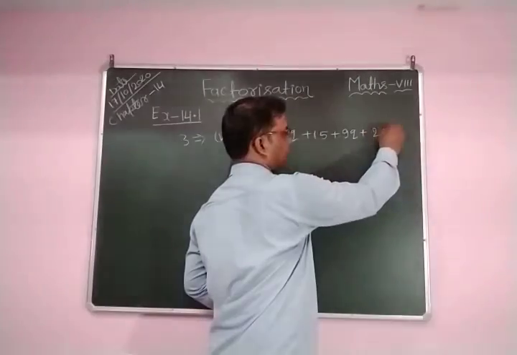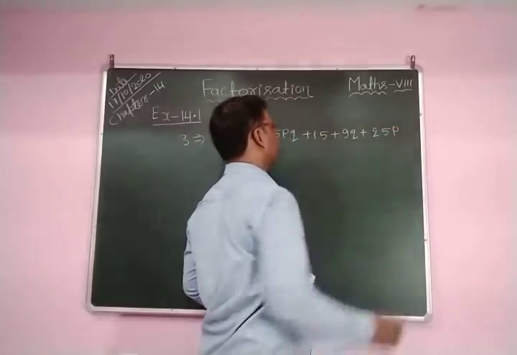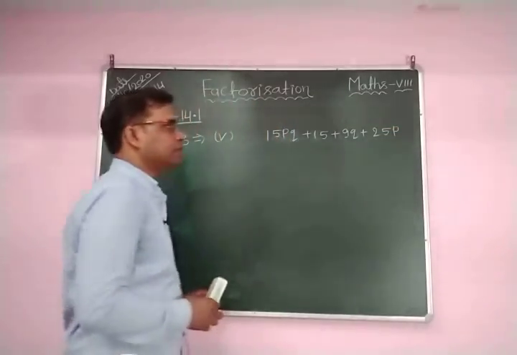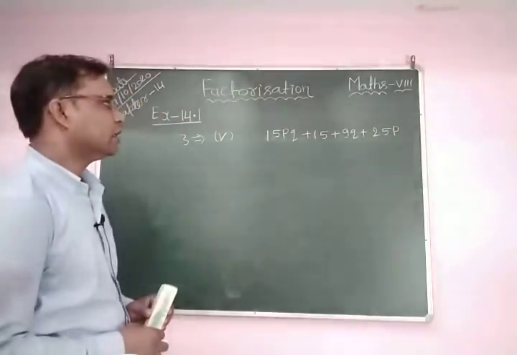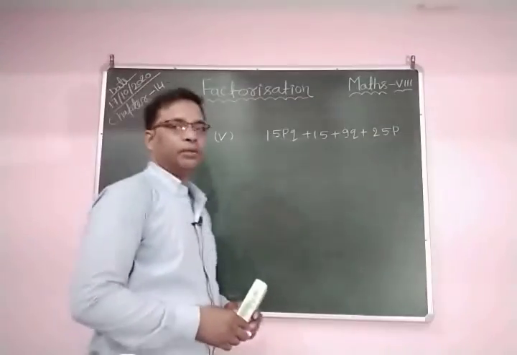Okay, this is given: 15pq plus 15 plus 9q plus 25p.